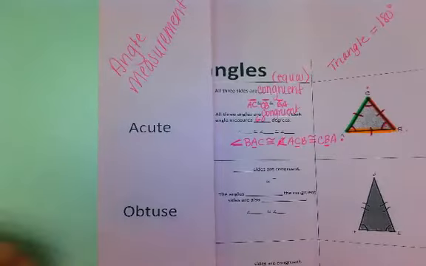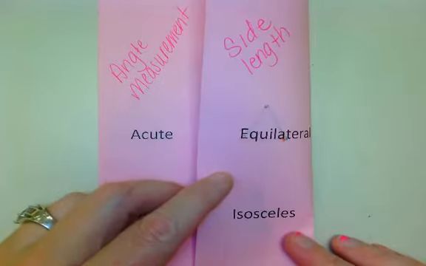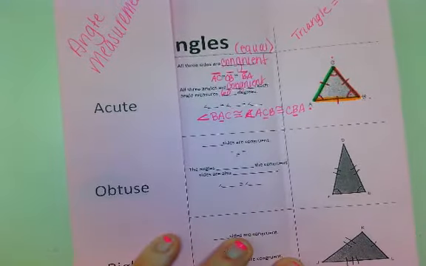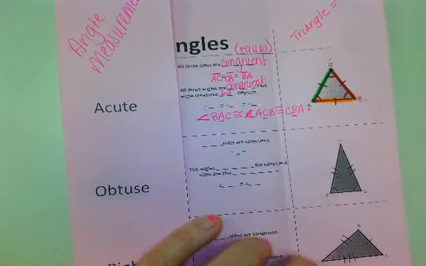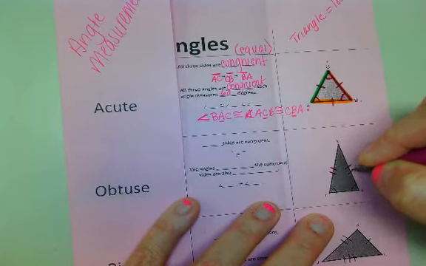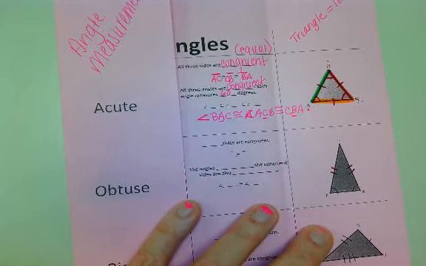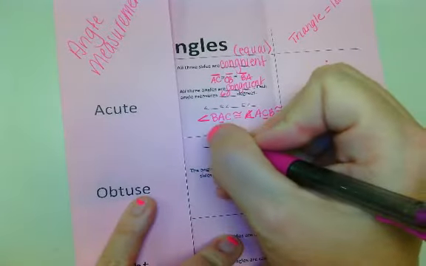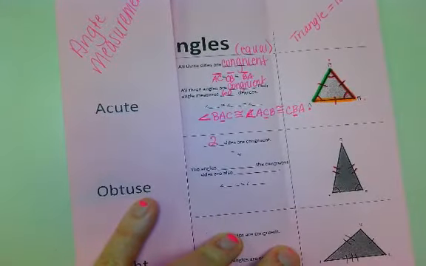Okay? Now, the next triangle is an isosceles triangle. Isosceles, if we look at it, remember I told you that you'll have the ticks, and the ticks mean that they are the same. So if you notice, both these sides have two ticks, which means that two sides are congruent.